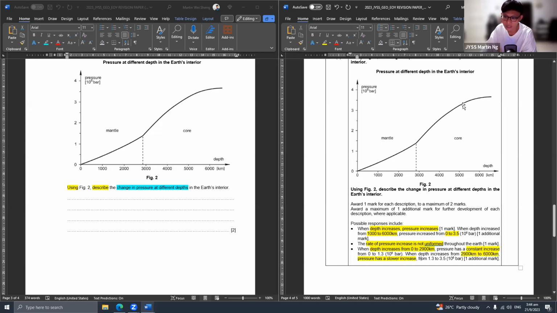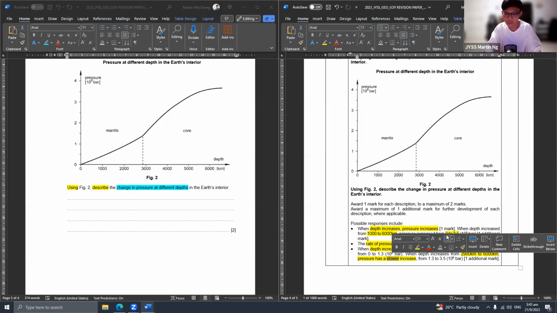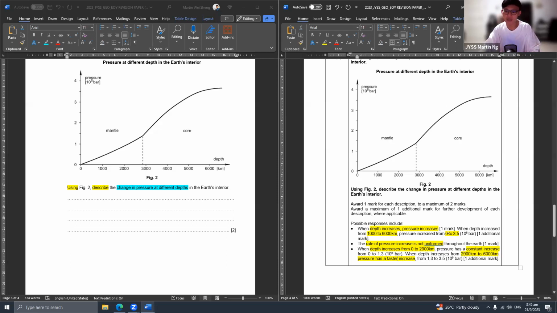I can see that in this area the gradient is less steep, then this part here would be more steep. So in this case, I think this is a typo error. It shouldn't be slower increase. It should be a faster increase because the gradient is steeper.